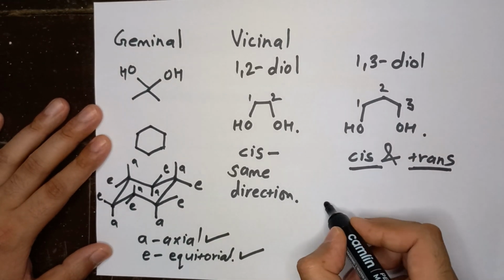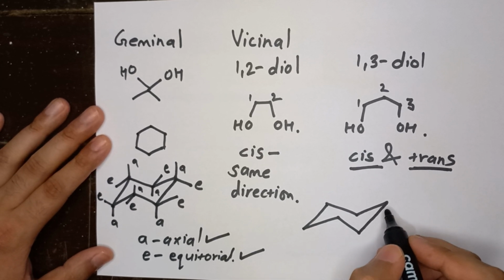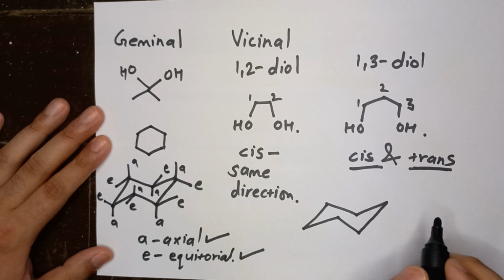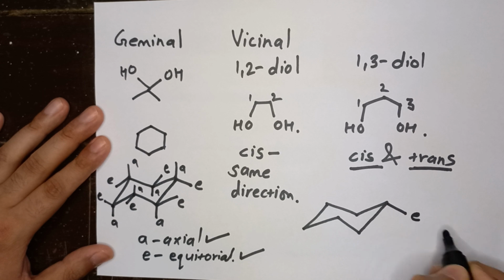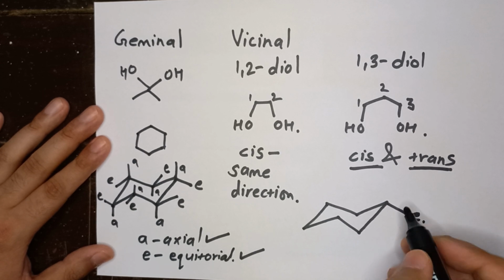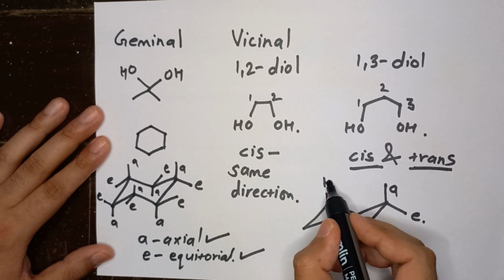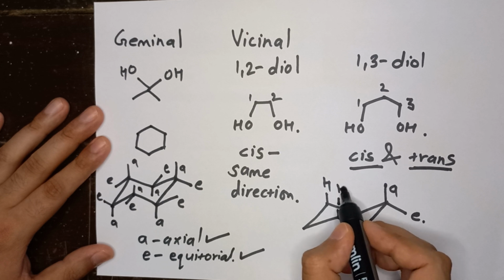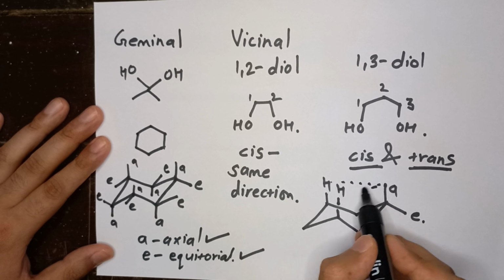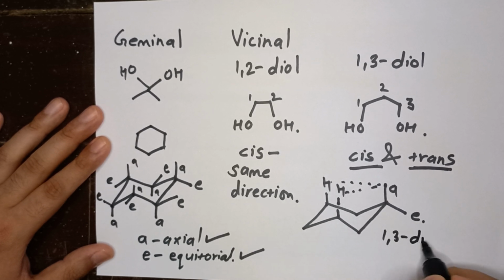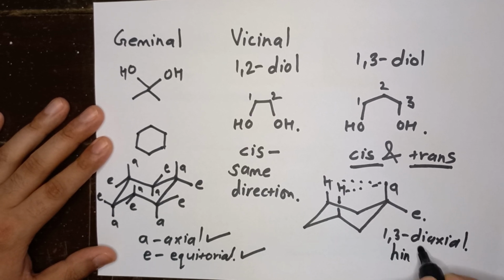I also want you to know that in a chair conformation of cyclohexane, generally to avoid hindrance, the more stable conformation will be equatorial one. And why is that? Because when you keep the bond at axial position, we have two hydrogens in the axial position and they can do 1,3 diaxial interaction, which leads to hindrance.